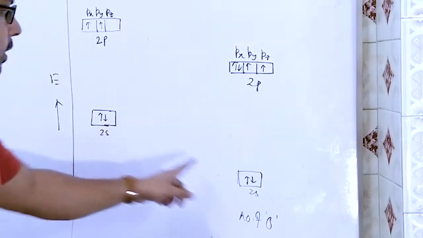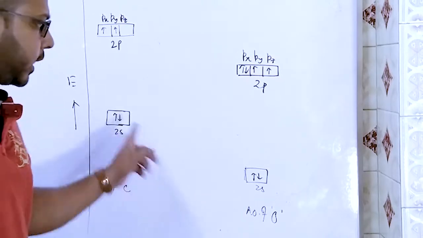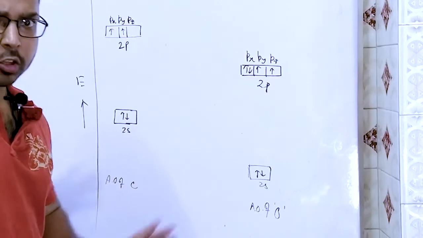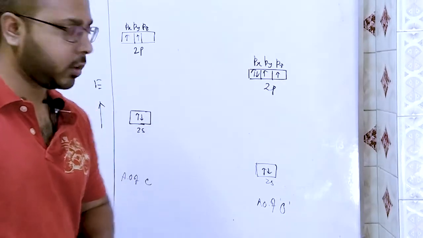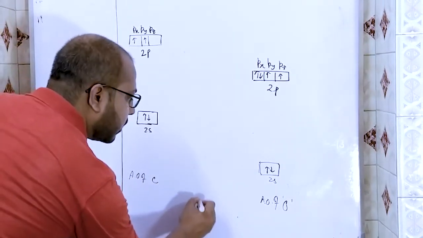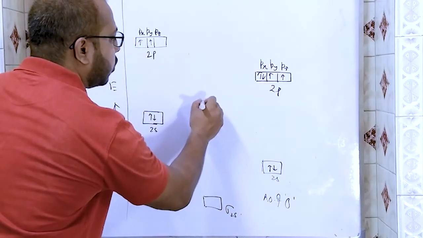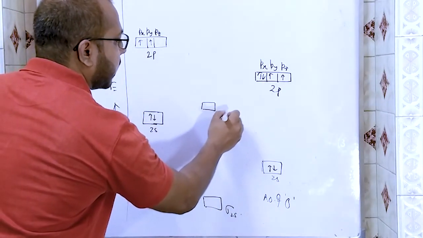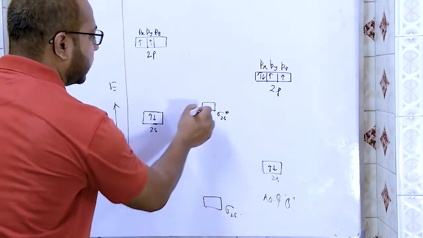Now there is an energy mismatch in these 2s, but it can still form a bond because there is not so much energy mismatch as in HF, the previous one. So here sigma 2s bonding and sigma 2s anti-bonding will be there. We need to join this.